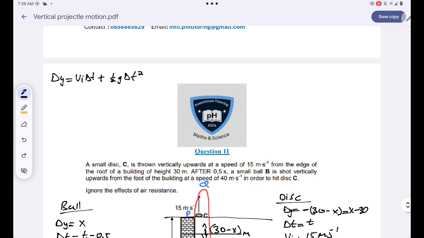Are you together? So delta y, for this one, I'm still focusing on the ball. Delta y is x, and then initial velocity, that's 40, and then the time it took, that's t minus 0.5, plus 1 over 2 times negative 9.8, and then t minus 0.5 all squared.